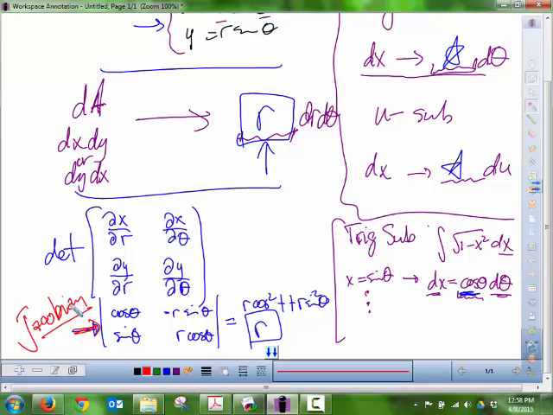Yeah? So we only use the determinant when we're trying to find max and min, so what does it actually do? So the determinant for max and mins, when we do the second derivative test, deals with the second derivative. So that's a little bit different. Right, so what is the determinant in general?